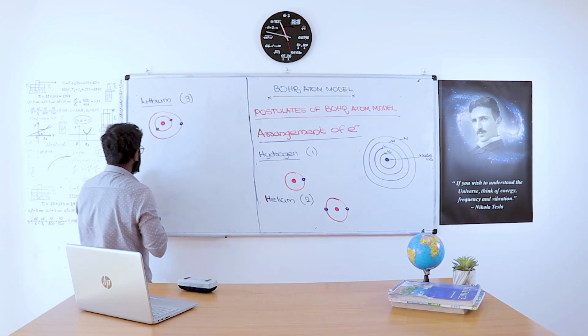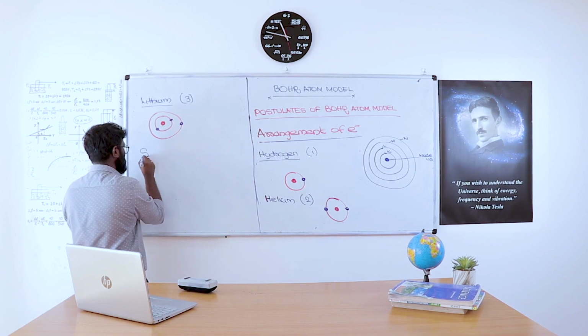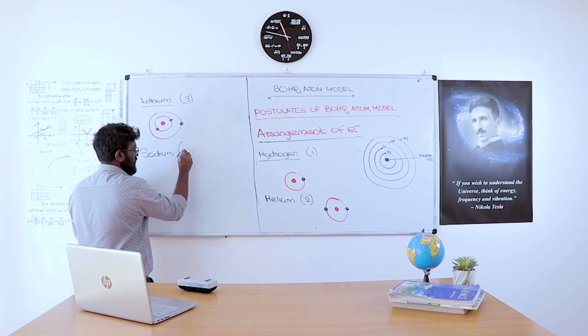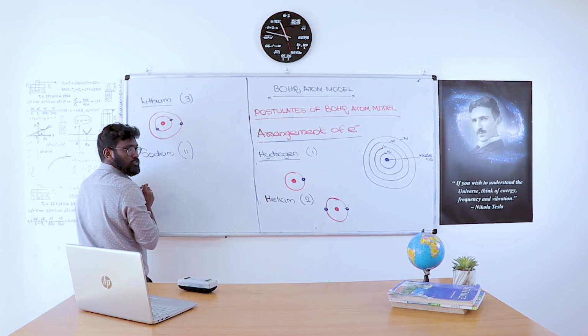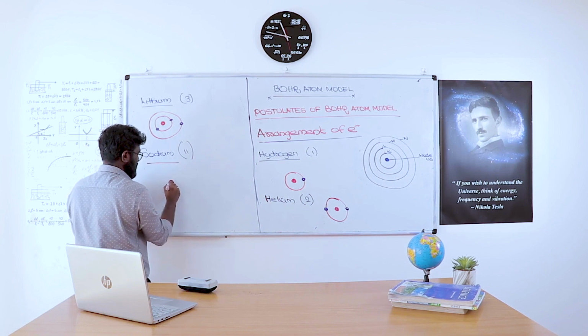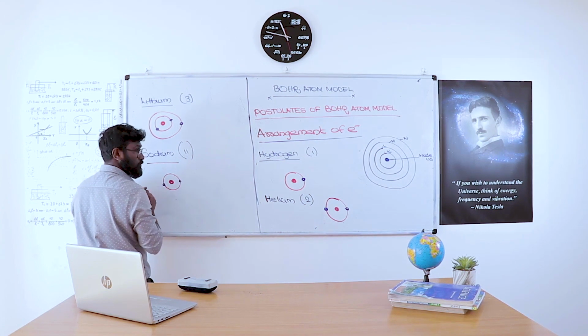What about sodium? The number of electrons in sodium is 11. The center is the nucleus. How many can we accommodate in the first shell? A maximum of 2.